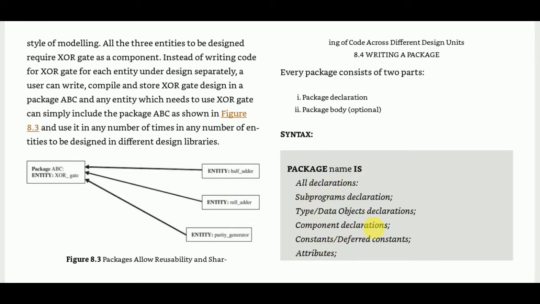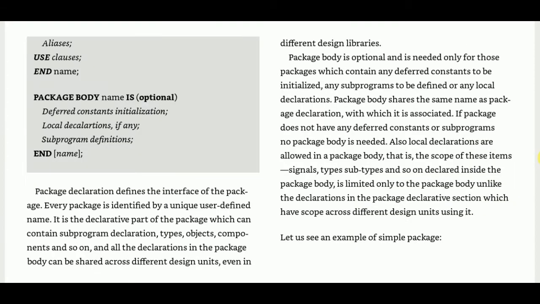That means subprogram declaration, type or data object declarations, component declarations, then constants or defined constants declarations, then attributes, then aliases, then use clauses, then end name. The package declaration should end with the name of the package.